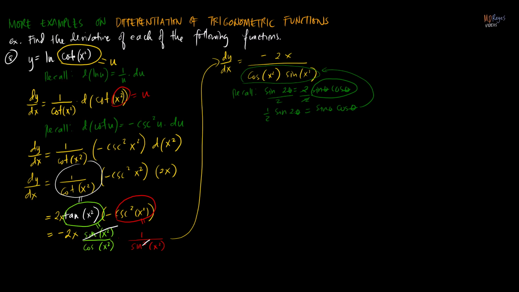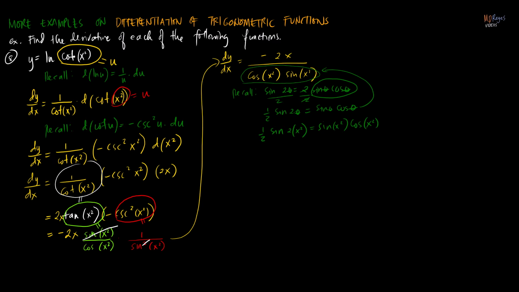So cosine x squared times sine x squared is equal to 1/2 sine of 2 times x squared. I'll just write theta as x squared, equals sine of x squared times cosine of x squared.